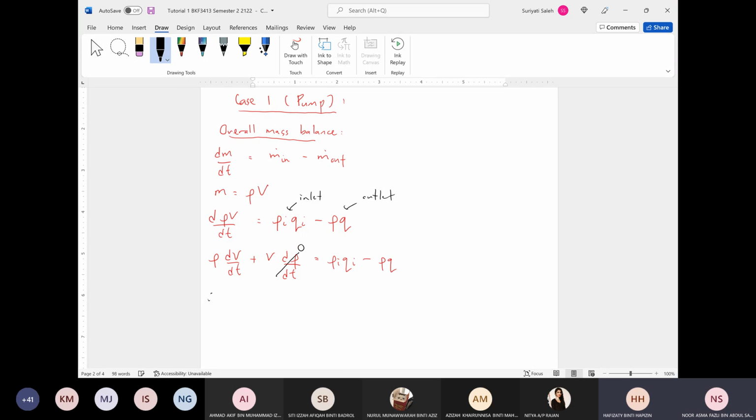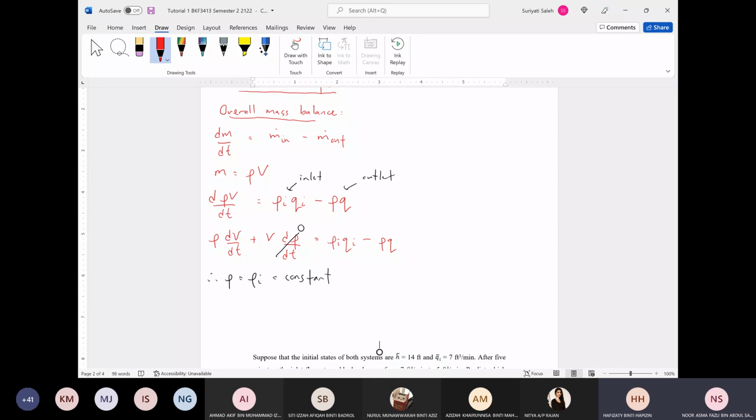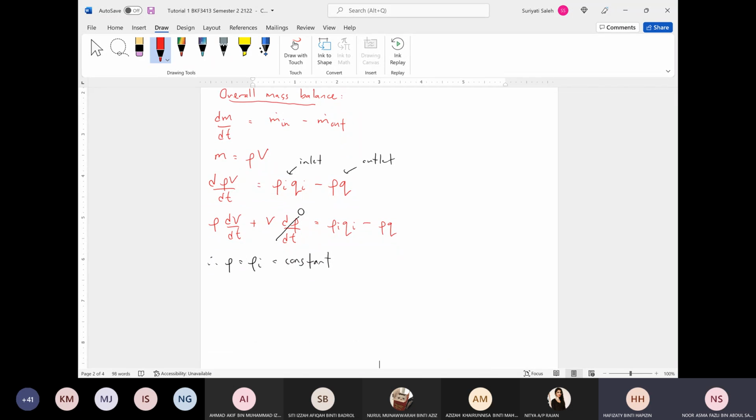We also assume rho equal to rho in equal to a constant value. So the equation further reduces. We can eliminate the density from the equation, which leaves dV over dt equal to Qi minus Q. So we have the overall mass balance for the given system.